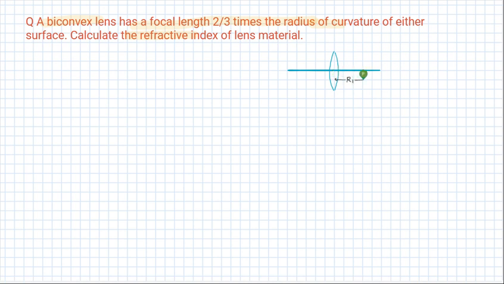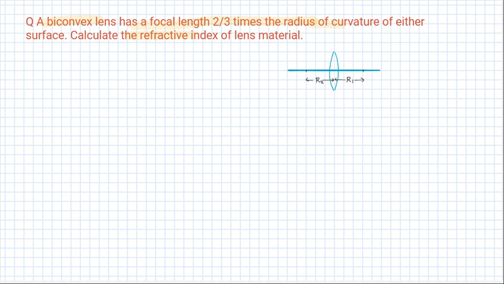And for your second surface, let this one be your second radius of curvature R2. So this is your biconvex lens.